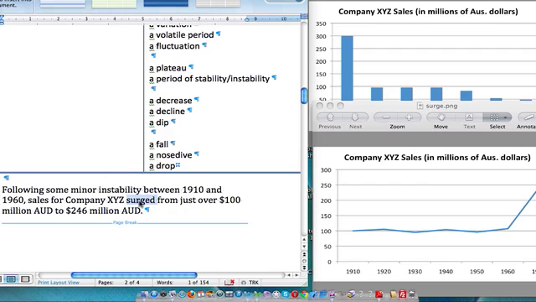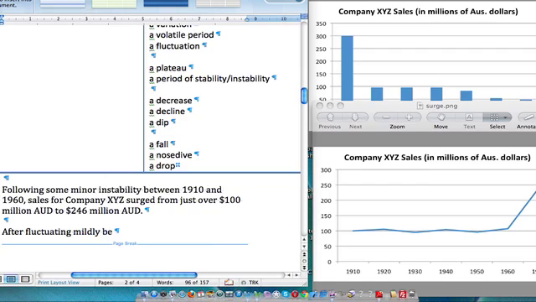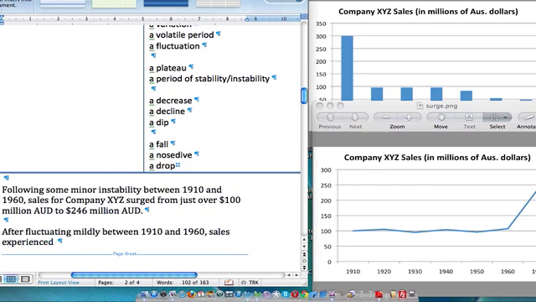Okay, now we could easily change these words and keep the meaning the same. So let's try something like after fluctuating, and now I need an adverb. What would be a good adverb to describe this? Maybe mildly, after fluctuating mildly between 1910 and 1960, sales of company XYZ experienced dramatic growth, let's say.